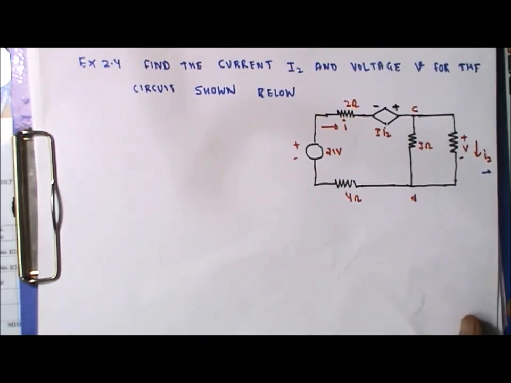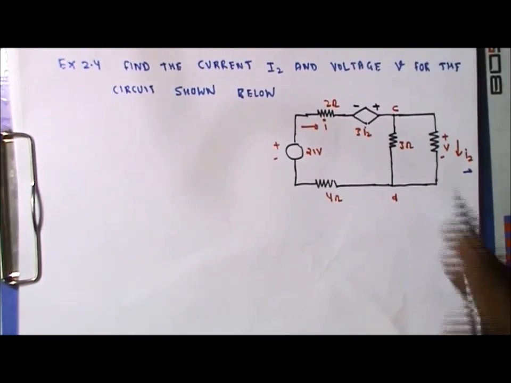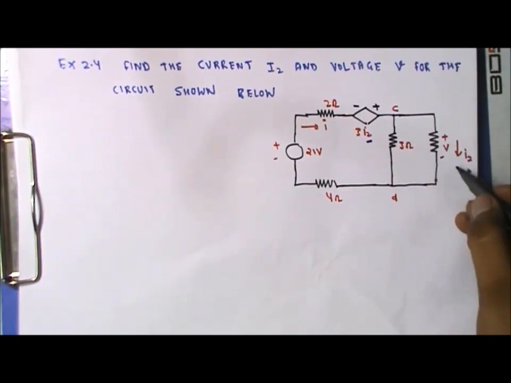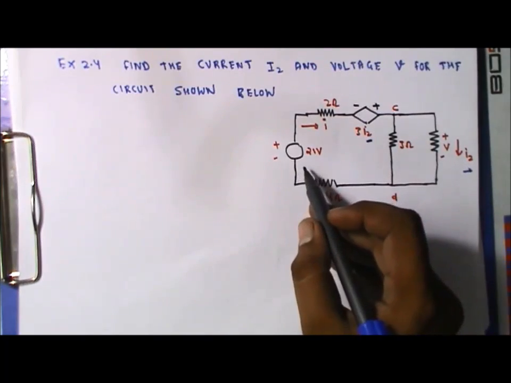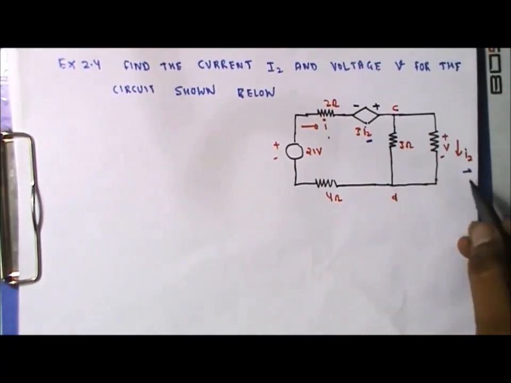We have seen that there is one dependent source and one independent source. The dependent source depends upon the value of the current I2, which is flowing in this resistance R, whose magnitude is not shown. And this is the independent 21 volt source. This I2 is shown here.